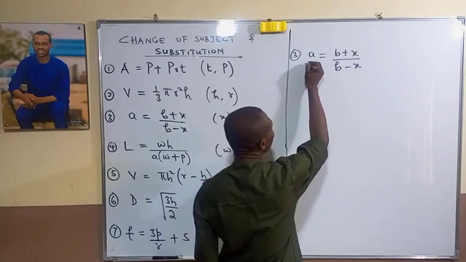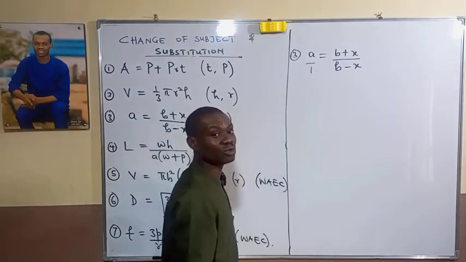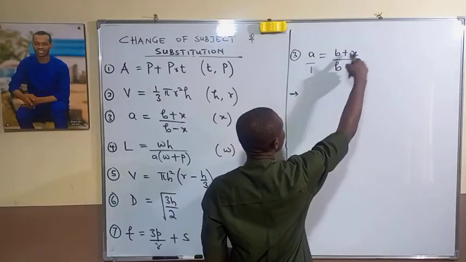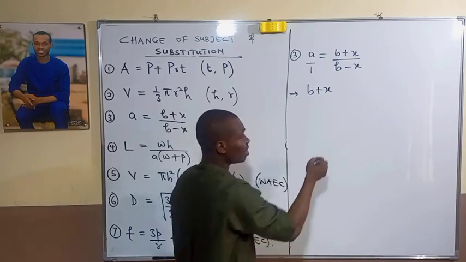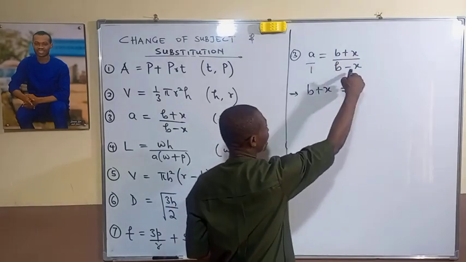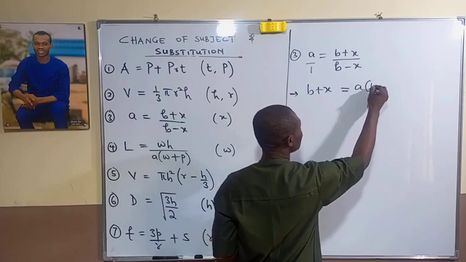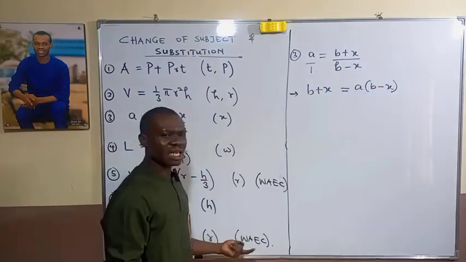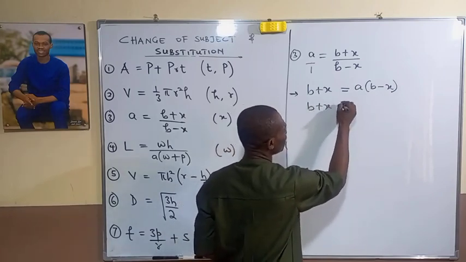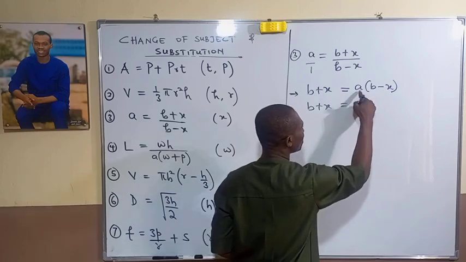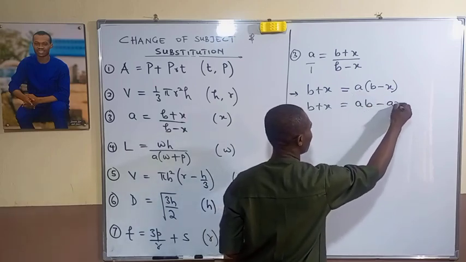So to achieve that here, I'm going to try to do cross multiplication. This times this, I'm going to get b plus x is equal to this one times this will now give me a into b minus x. And then I will try to open this bracket first. That will give me b plus x equal to ab. Then this times this is minus ax.